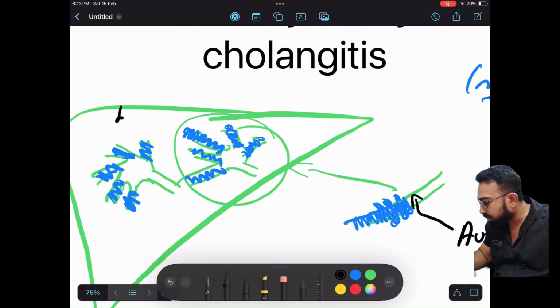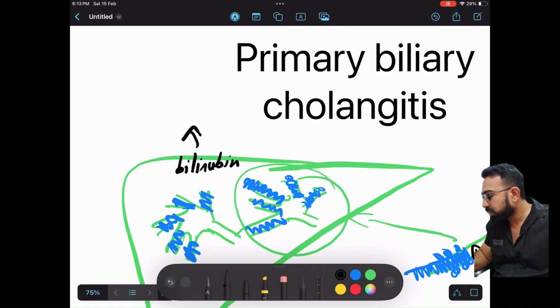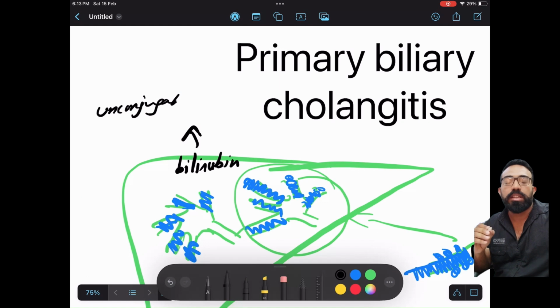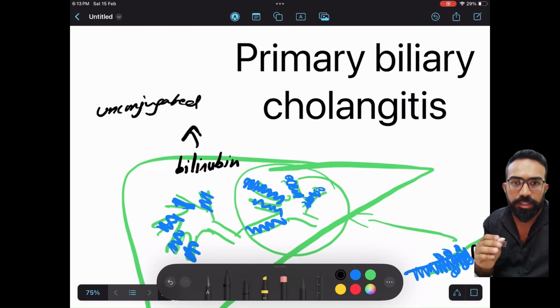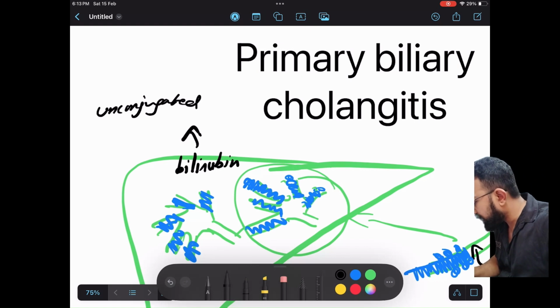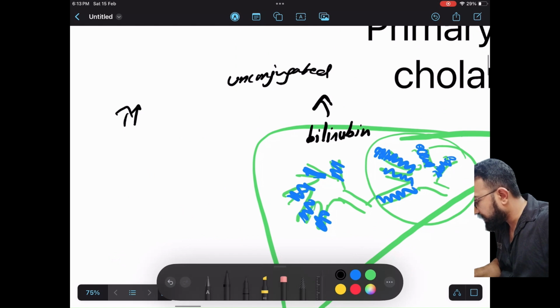So the bilirubin is going to go backwards. It will lead to an increase in bilirubin. But not only that, it will also cause an increase in body lipids, means increase in body cholesterol.